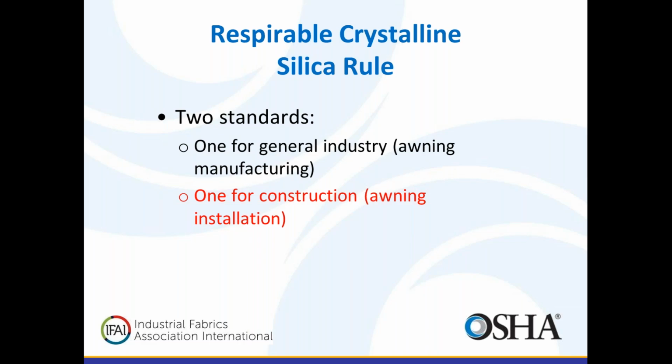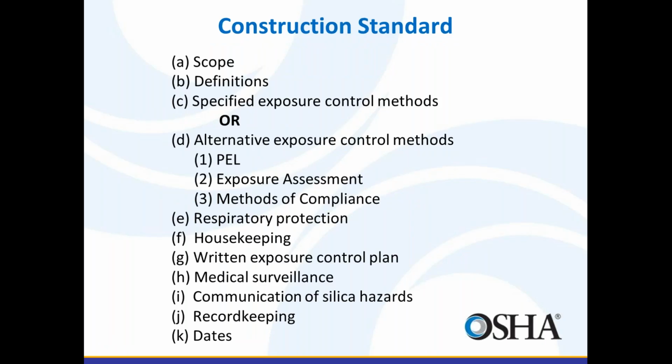The standard is laid out in this manner. It's a very standard way for OSHA standards to be constructed. Nothing special there. For construction, and actually for general industry too, what we worry about is that we want to keep people's exposure to less than 25 micrograms as an 8-hour time-weighted average.